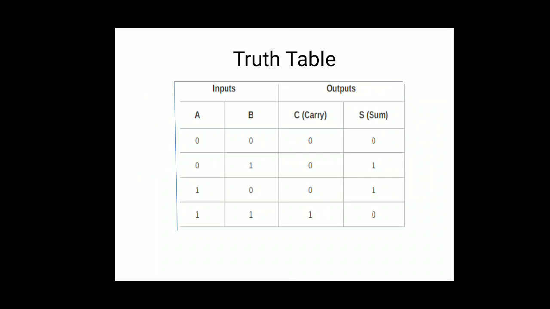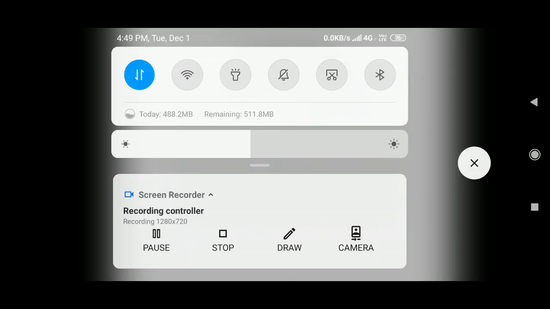When any one of the values is 1, in the second step B equals 1, whereas the third step has A equals 1, for both the cases the sum that will get generated, 0 plus 1 or 1 plus 0, will be 1. And for the last case, 1 plus 1, this is the important step where the sum that will get generated will be 0 and the carry that is getting generated is 1. So this is the important step.